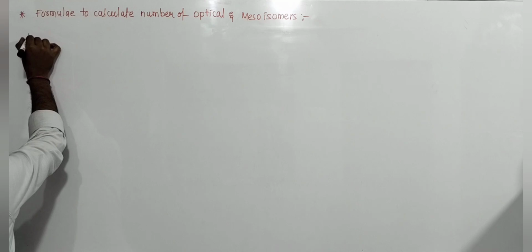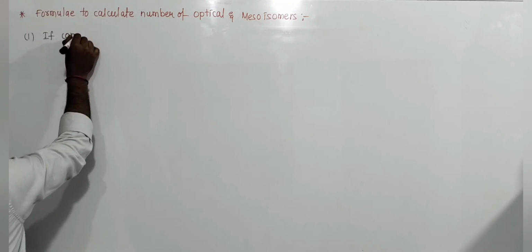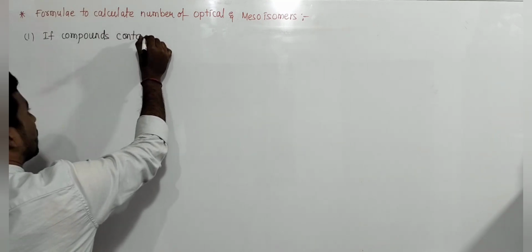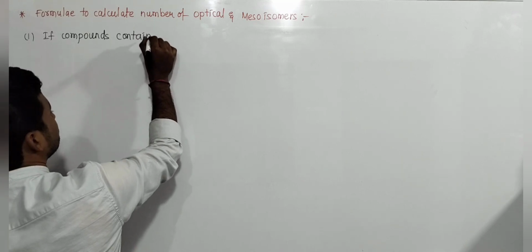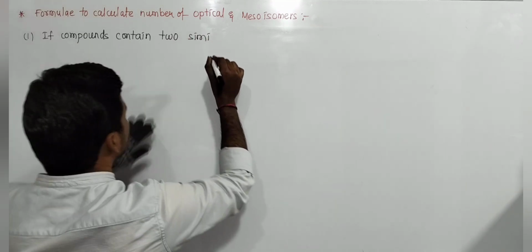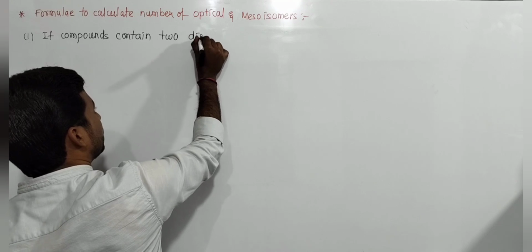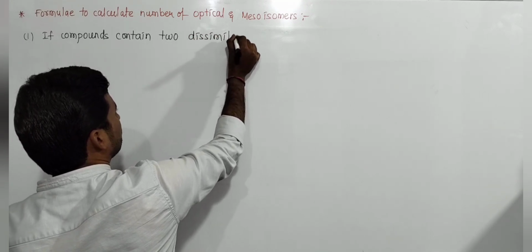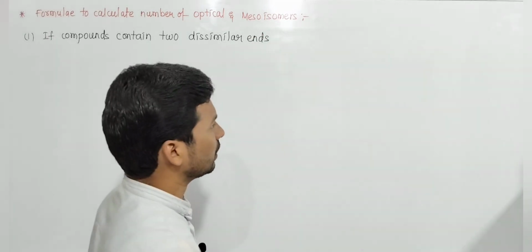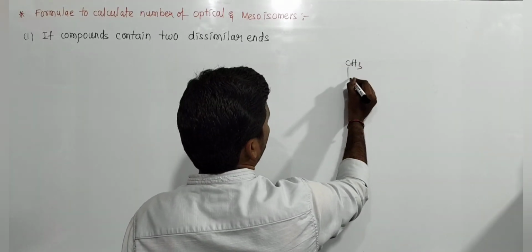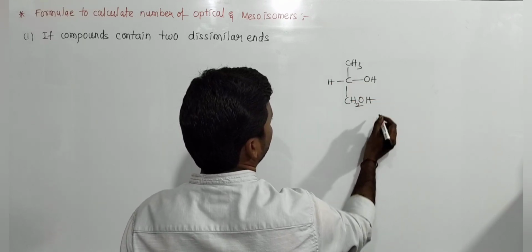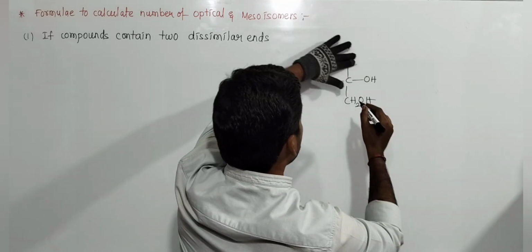So conditions: if an organic compound contains two dissimilar ends, that is, both terminal groups are not the same. For example, take glyceraldehyde: CHO here, H and OH here, and CH2OH here.